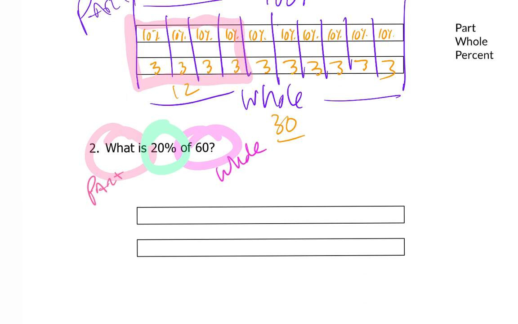So when we draw it, we're going to draw this as the whole, which is 100%, and this is the whole, which is 60. Now you'll notice that even when we do the proportion, the 100% is always there because that's the given, right? When we talk about percent, we're talking about the percent over 100, right?